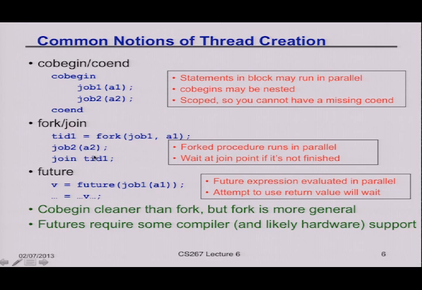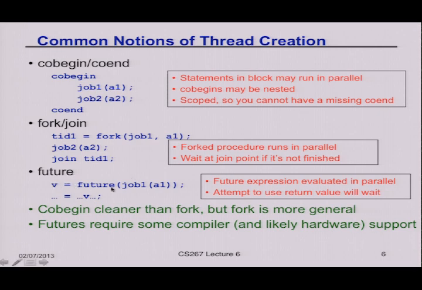So now job 1 and job 2 are running in parallel, and this process is waiting for the other process to finish. So this looks like it's doing about the same thing as co-begin, but you can have much more general patterns here that don't have to be nested in quite the same way. And there's also more room for little bugs that you can create by having this more general way of doing it. And here is another way of doing it.